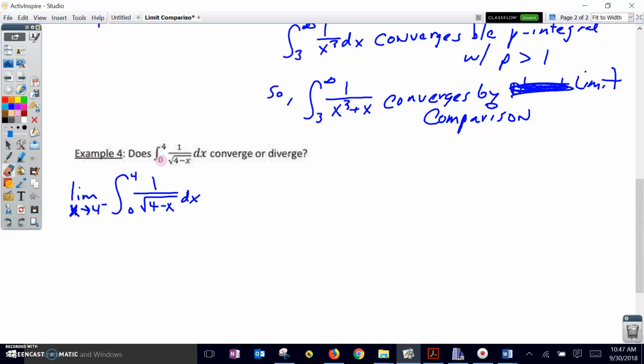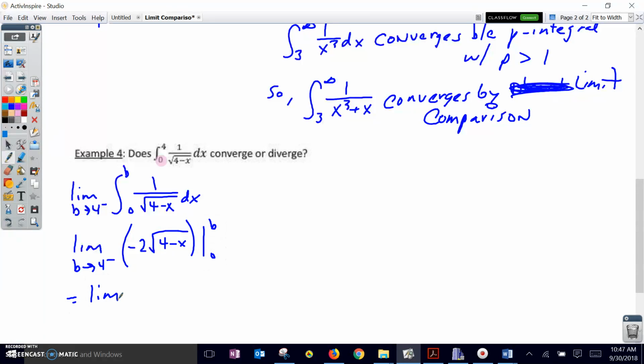We want the limit as b approaches 4 from the left of the integral from 0 to b. And now we're just going to go ahead and integrate this. And the integral of this is going to be negative 2 times the square root of 4 minus x, evaluated from 0 to b.